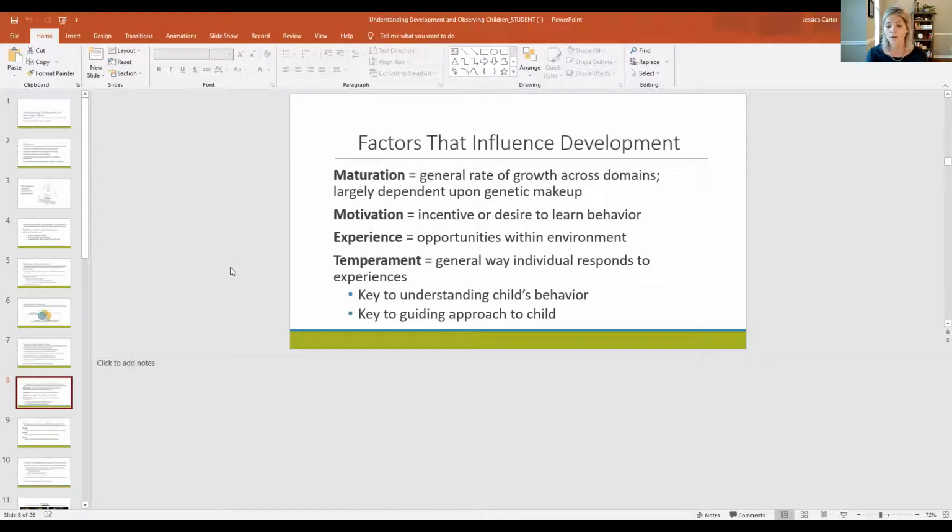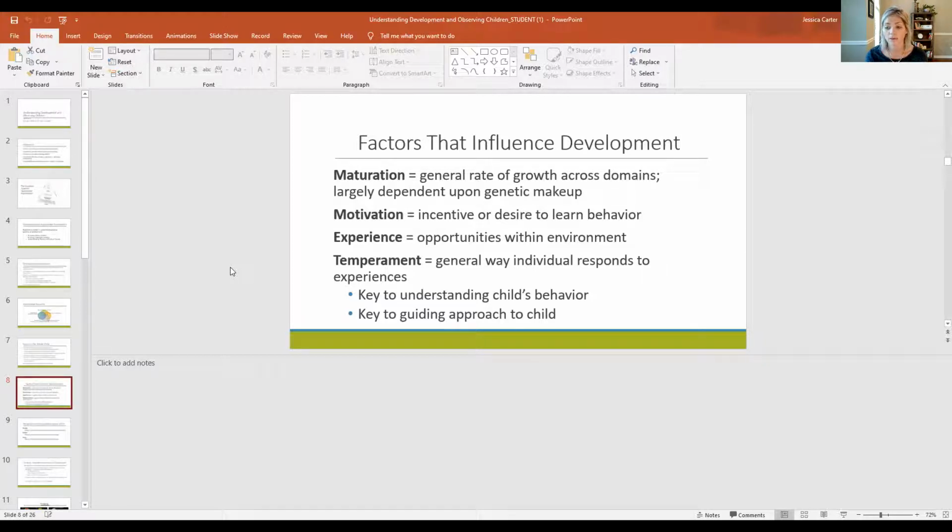Again, all of these factors work together to influence a specific child's development. Temperament is our key as an adult to understanding the child's behavior. It's also our key to guiding our approach to each individual child.